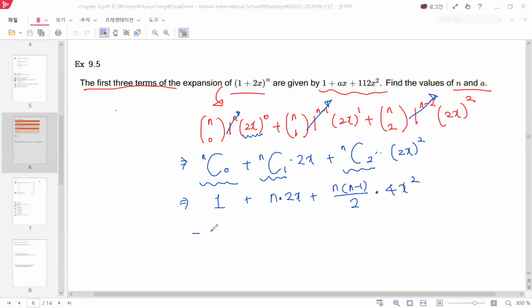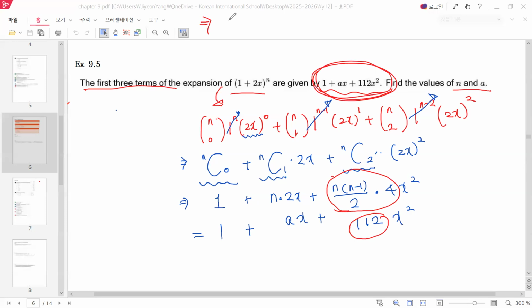This one is same as 1 plus ax plus 112x squared. So by comparing these two expressions, this one is same as this one. Here, it's given. So 112 is same as, cancel down, 2 times n minus 1, cancel down.